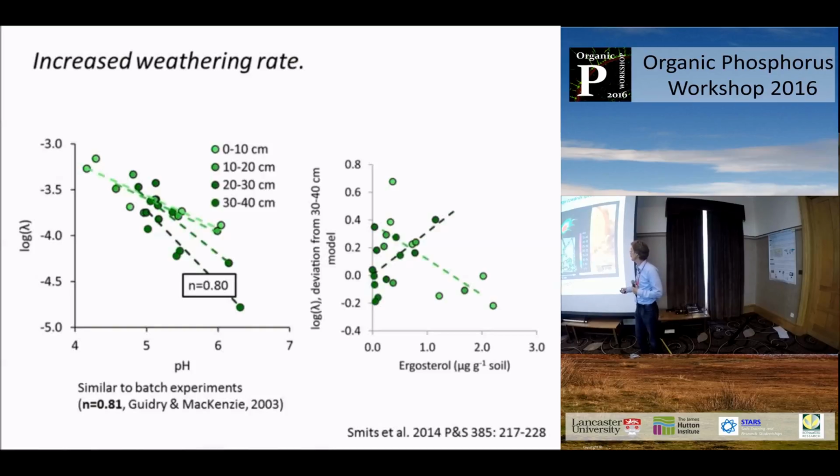More ergosterol means less dissolution. So that's opposite to what we expected. There's a lot of noise there. And then on the deeper soil layers, you see the opposite, but that is really noisy data. Put together, pH and ergosterol could explain 90% of our weathering rate. And I thought that is, with such a simple model, quite nice.